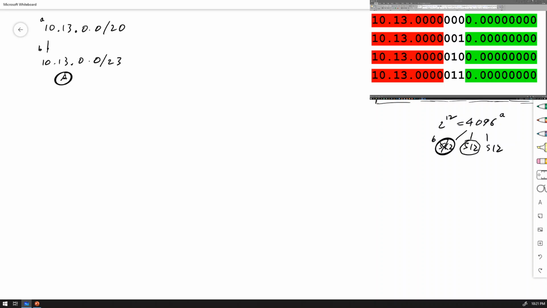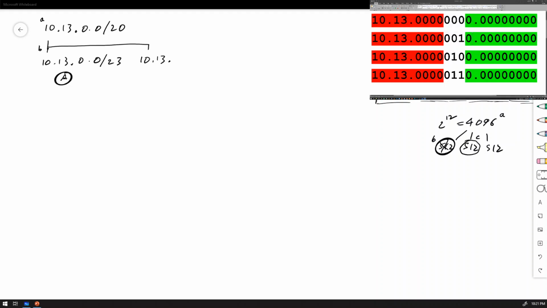So let's go to this one and name it C, and C has been extended from A. So 10.13. Let's see what the next combination is. As you can see, the combination of the third octet is this one: 6 zeros and 1 0.